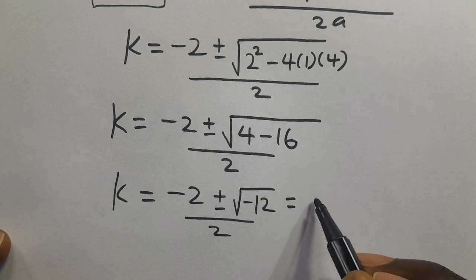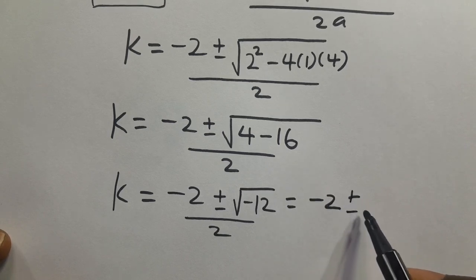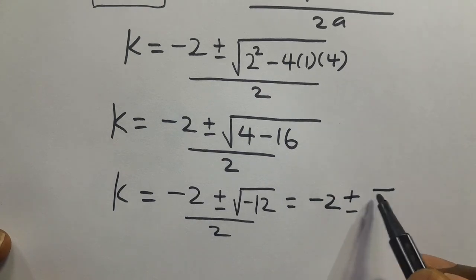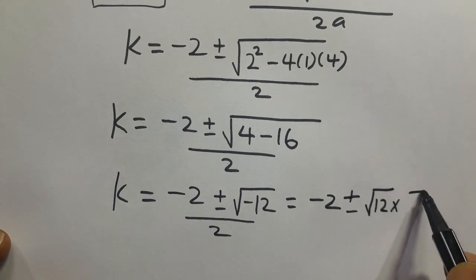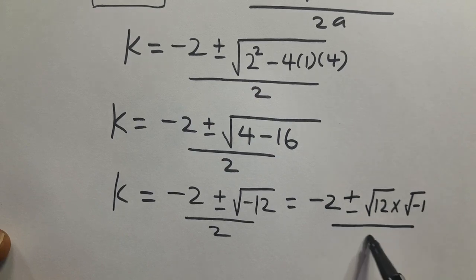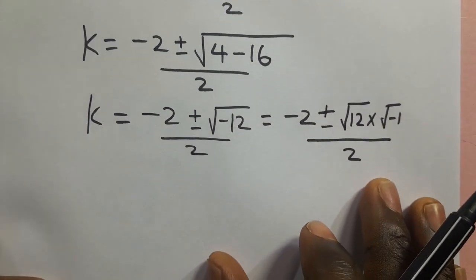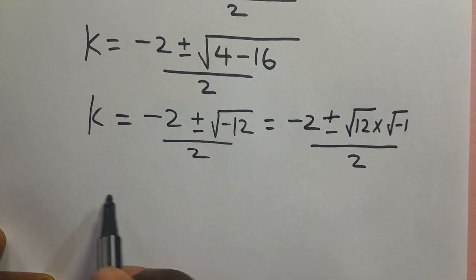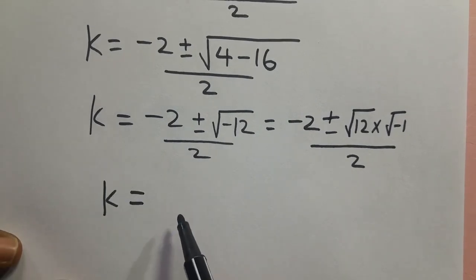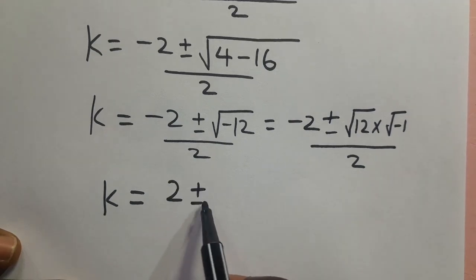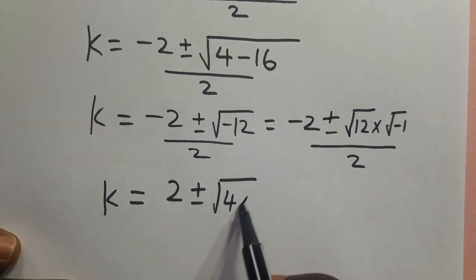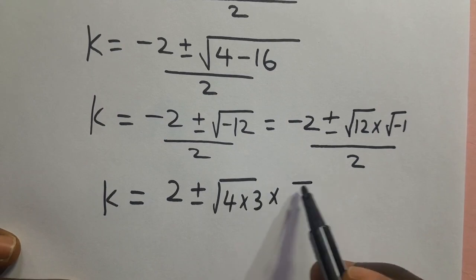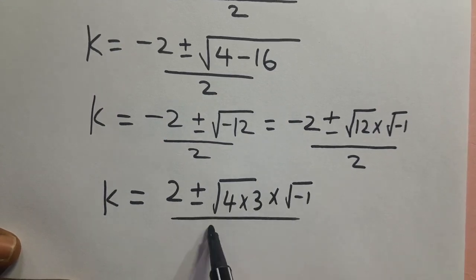We can simplify this further to minus 2, positive or negative, root of 12 times root of minus 1, all divided by 2. So from here, k equals minus 2, positive or negative, root of 4 times 3 times root of minus 1, divided by 2.